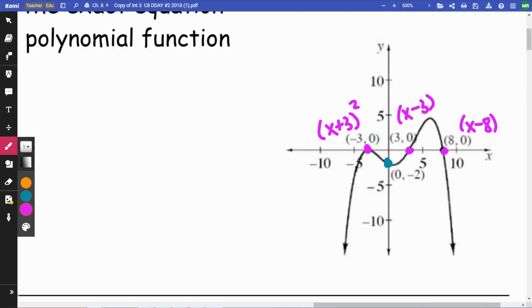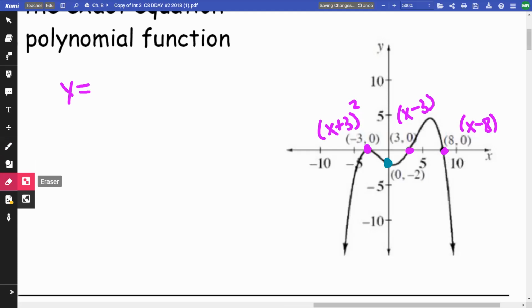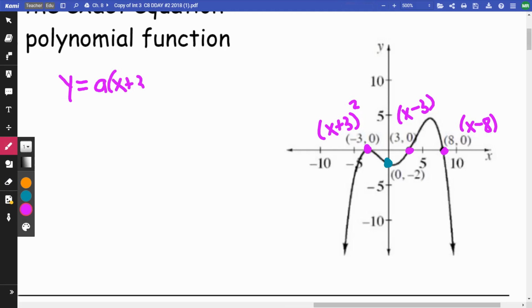So I will have y equal a times x plus 3 squared times x minus 3 times x minus 8. Just a side note, this is going to be a degree 4 and it's going down, so it should be negative, but I'm not going to put a negative in front. My a will become negative when I put this point in and I work it out.